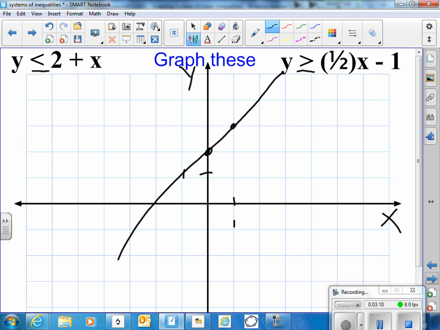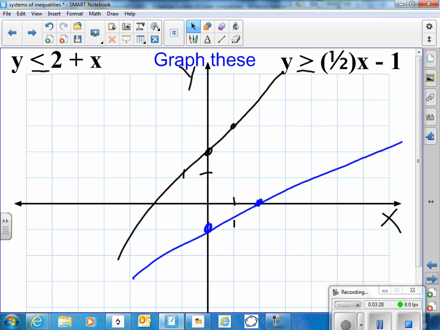The other one is y is greater than 1/2 x minus 1. So we will start out at -1, and we will go up 1 over 2. Connect that with a solid line because it includes the equal. Oh, we need to go back to that first one and graph less than.